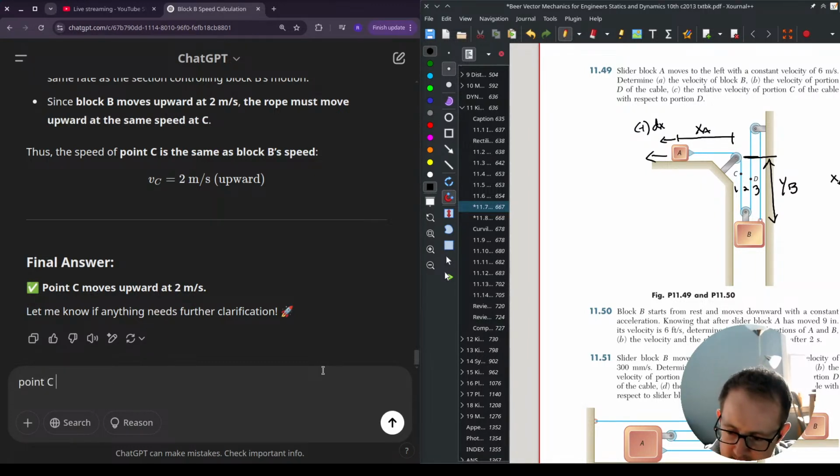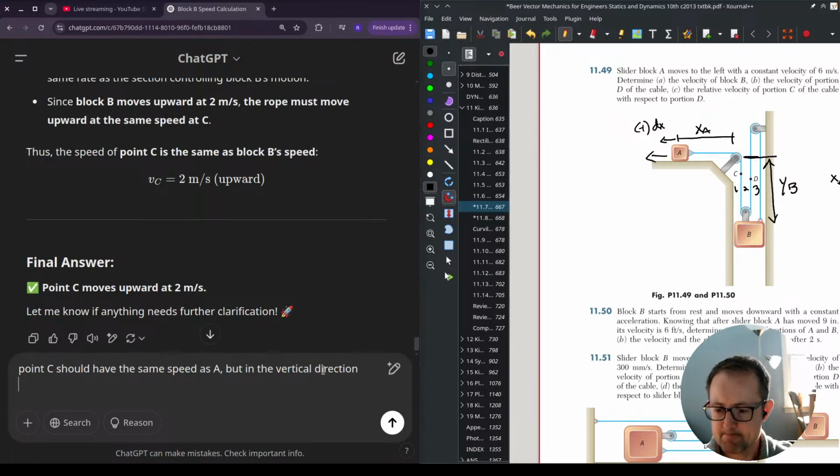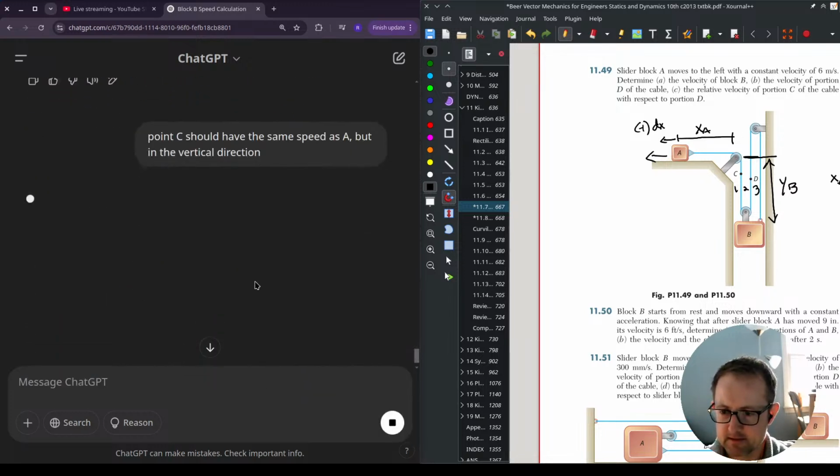Point C should have the same speed as A, but in the vertical direction. Let's see, does it agree?